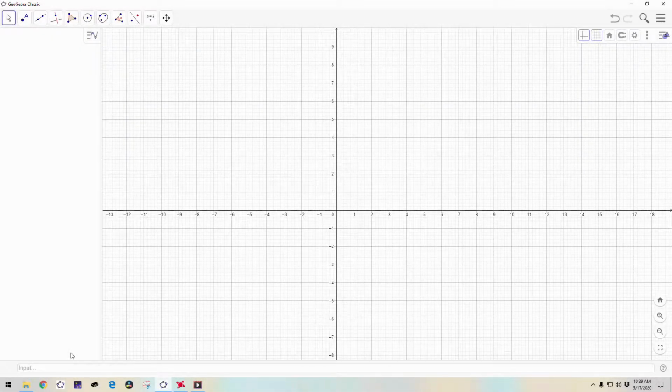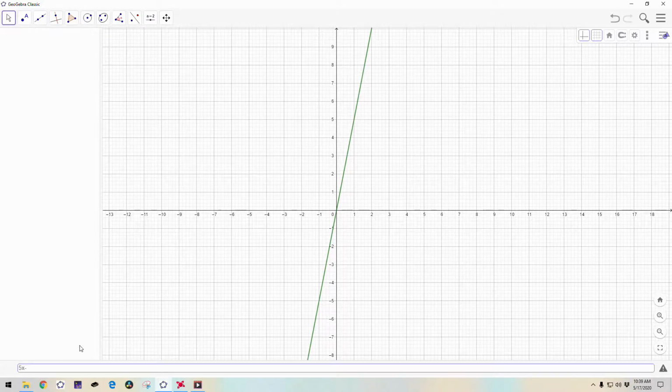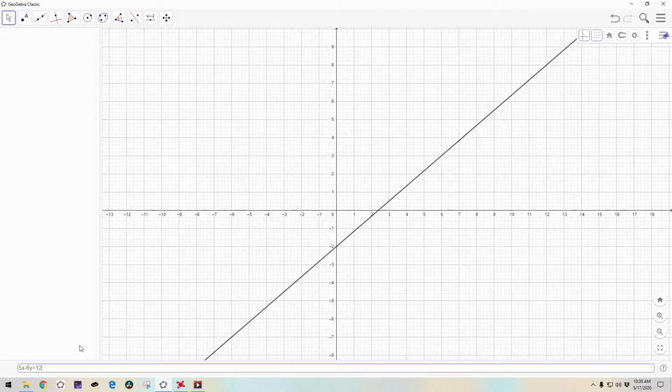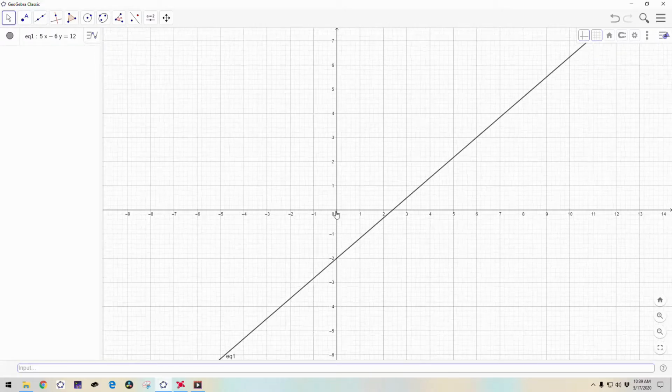Really quick, let's take a look at that same line that we graphed two different ways. It's 5x minus 6y equals 12. Let's zoom in a little here.